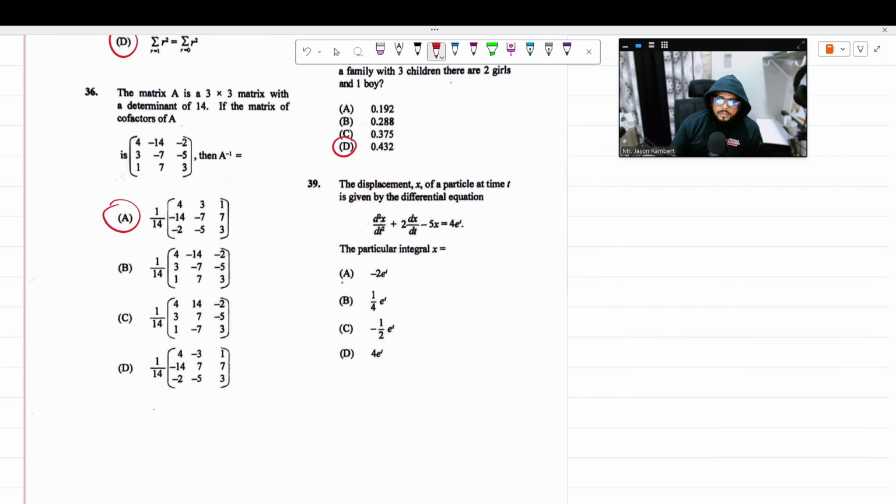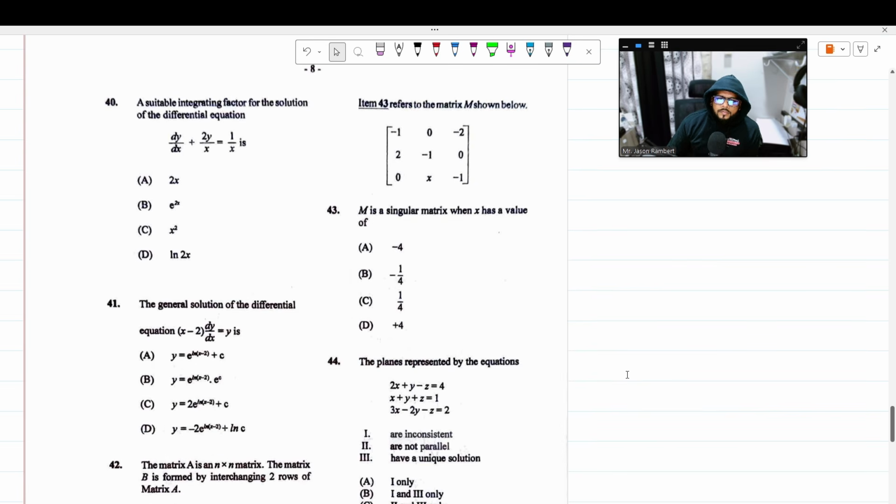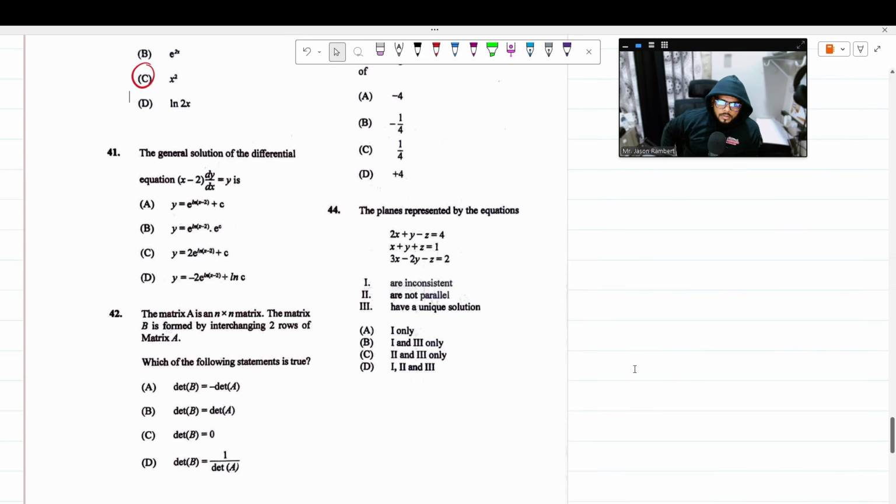Particular integral question, A was minus 2. Integrating factor for 2 over x, it would be 2 ln x, which is ln x squared. e to the ln x squared is that. This answer was B. We had to do a bit of working for this because after we integrated, ln y is equal to ln x minus 2 plus c.